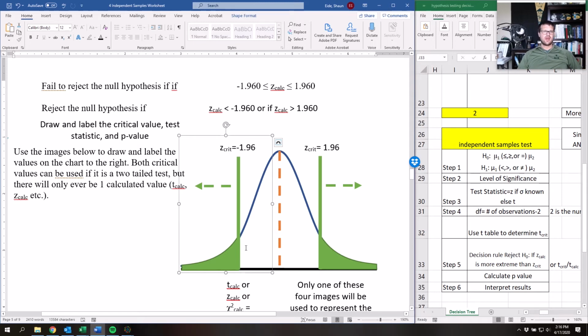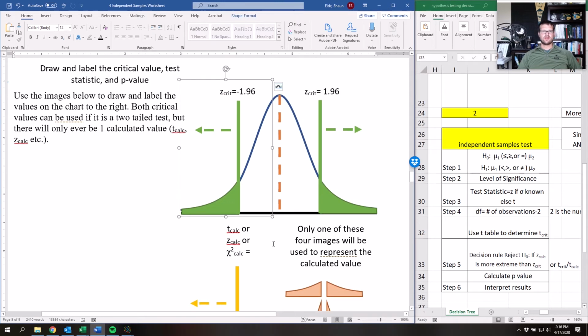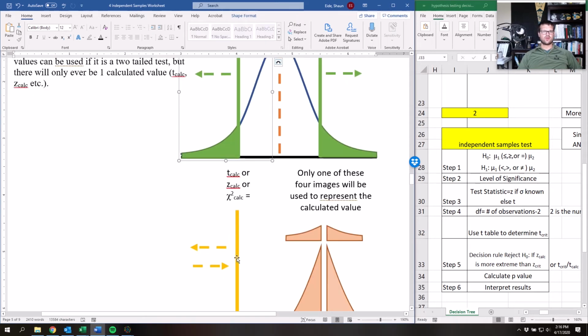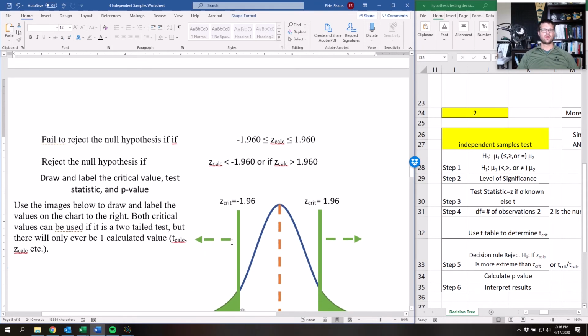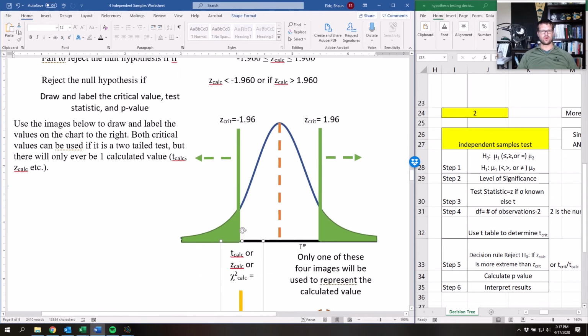If we have a z calculated anywhere in the middle, we are going to fail to reject the null hypothesis. So we are going to find the z calculated value and put it on this as well.